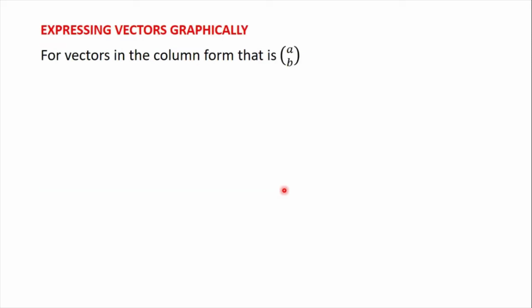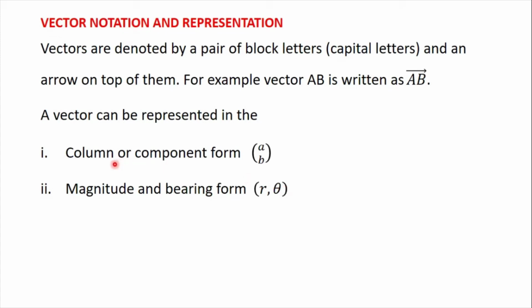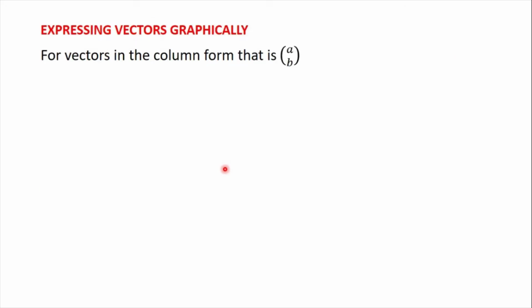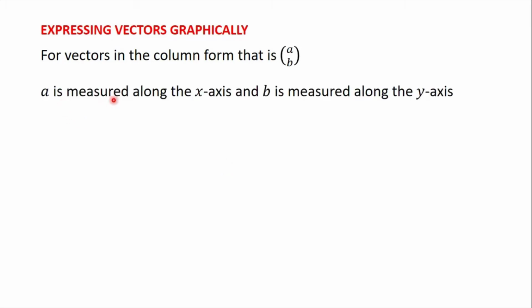How do we represent vectors on diagrams, or how do we represent vectors graphically? We are going to consider each case. So we will first consider the column or component form. To represent vectors of the column form on diagrams, what you have to know is that a is measured along the x-axis and b is measured along the y-axis.